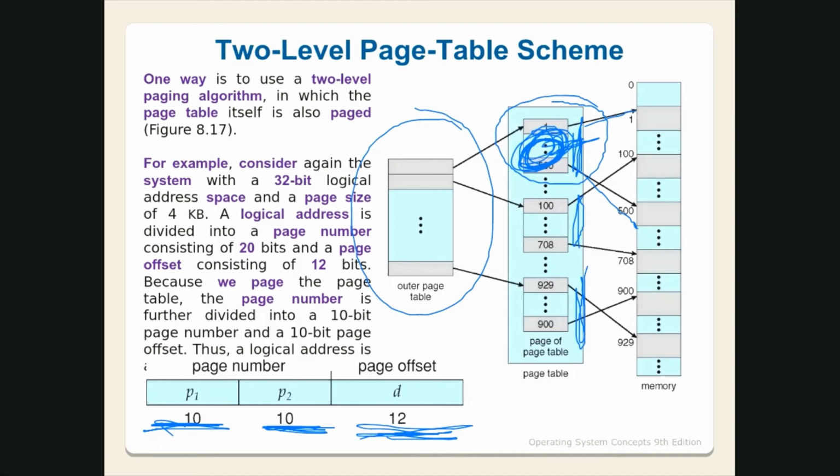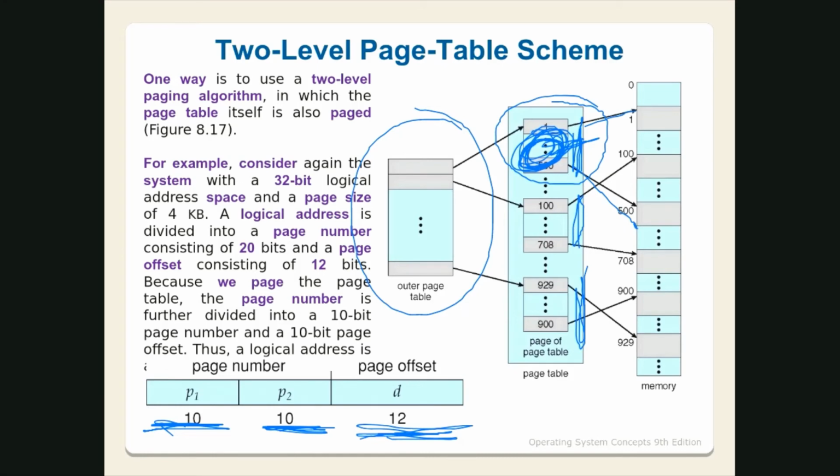So for the logical address, we need to know these things. Normally, the logical address contains the page number and the offset. Here, it is going to have two page numbers and the offset. The logical address contains three entries now: page 1, page 2, offset.